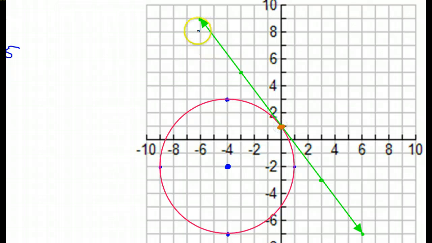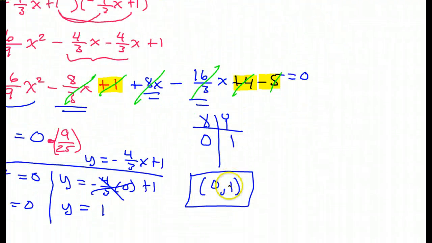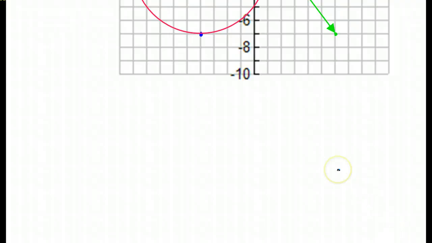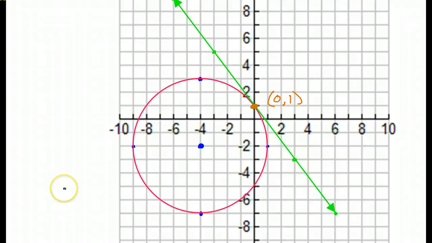All right, our line turned out to be a tangent line. And you see that the point of intersection is the point 0, 1. And looking back at our work, that matches what we got after we did this crazy amount of work, 0, 1. Okay, so there, that's how you solve it algebraically and graphically.